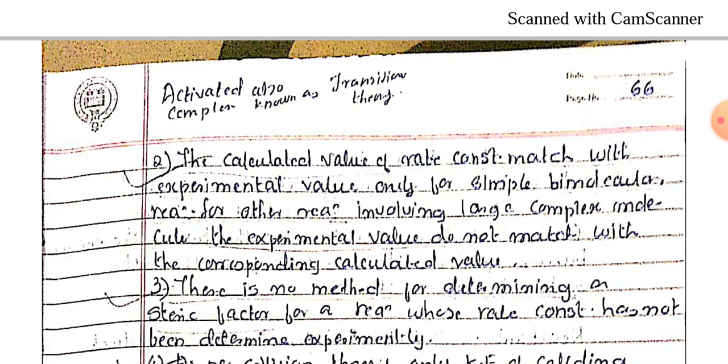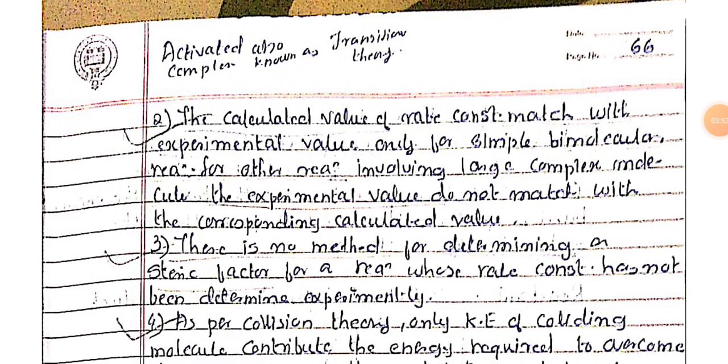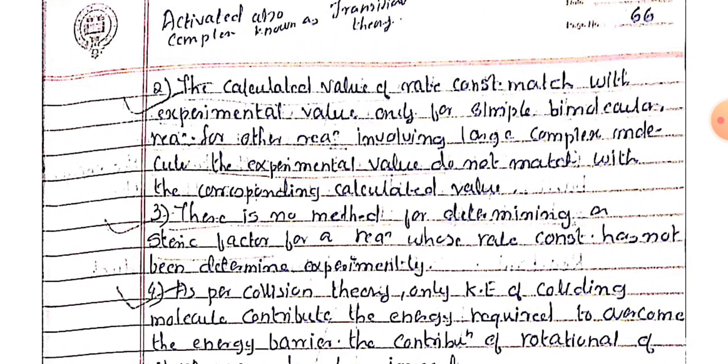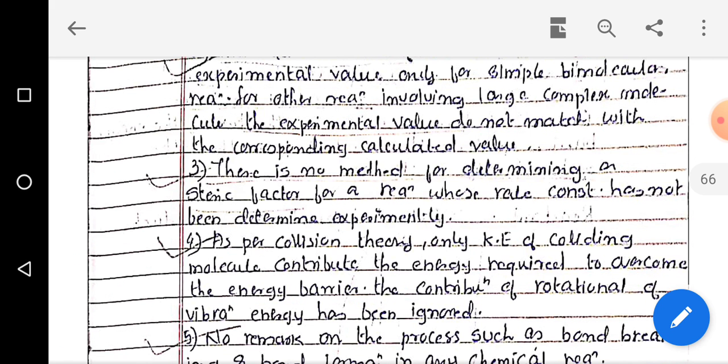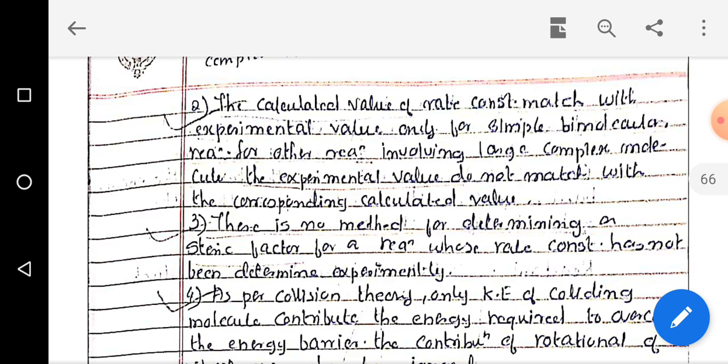Next is the calculated value. The calculated value of the rate constant matches the experimental value only for simple bimolecular reactions. For other reactions involving large complex molecules, the experimental value does not match the corresponding calculated values.